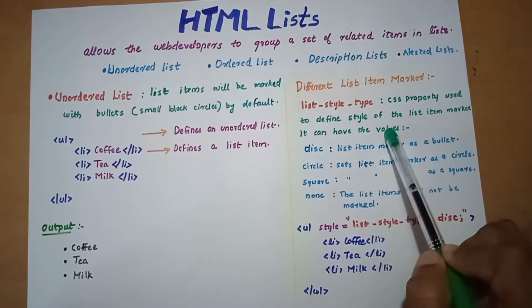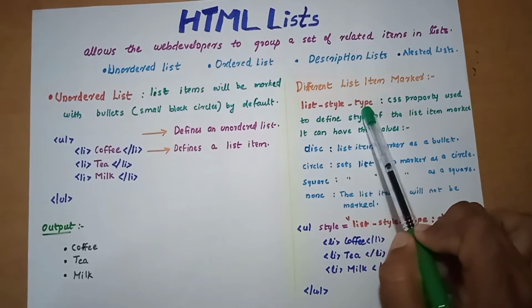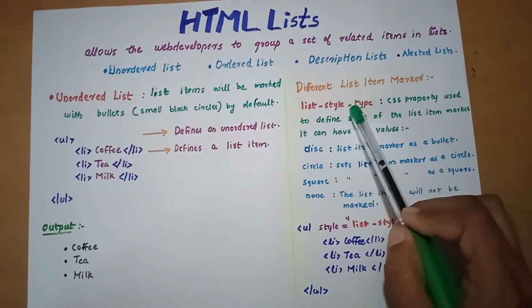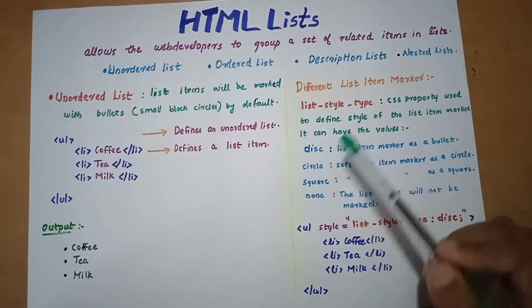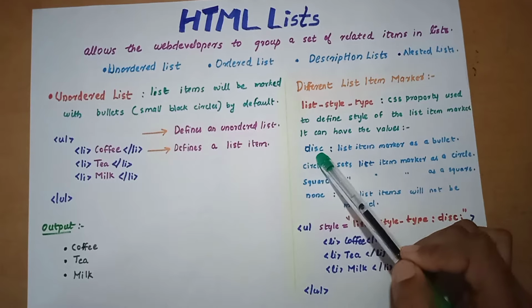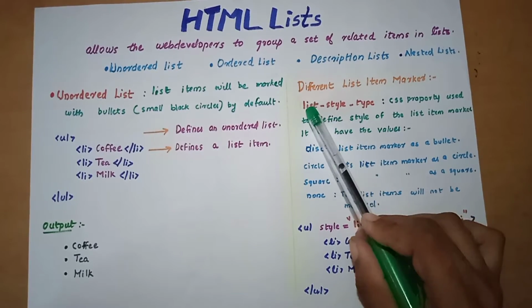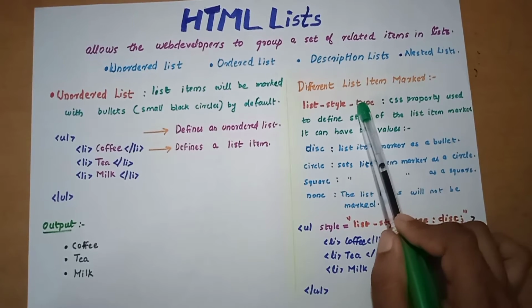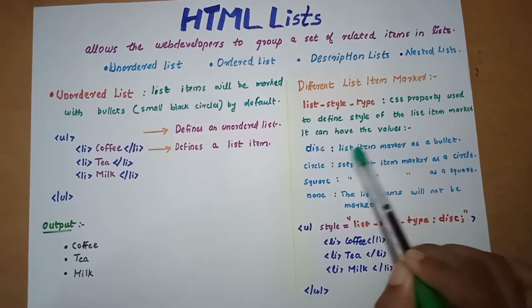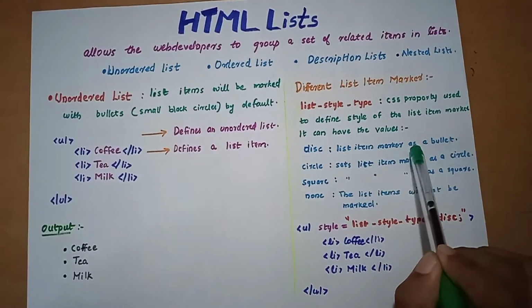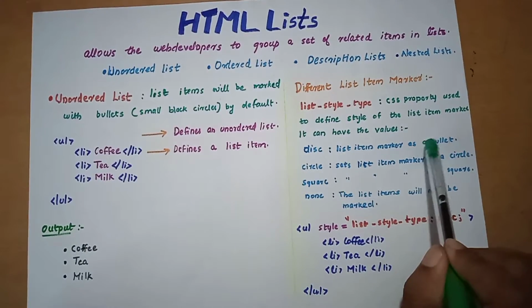It can have values. So this is a property, so we should give it some value, then only it works. For that we use these kinds of values. Let's get into that directly. First one is disc. Disc is a value for this list-style-type CSS property, which lists the list item marker as a bullet.